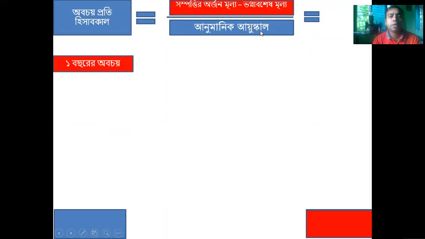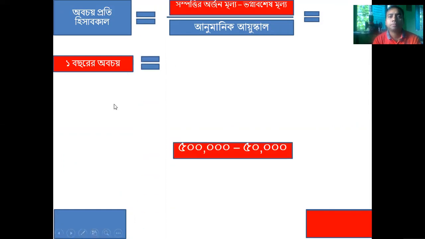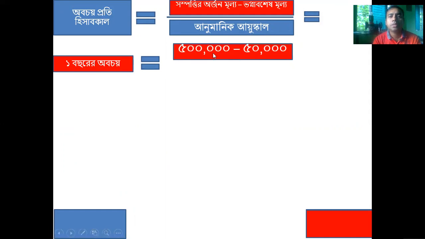According to this formula, depreciation for 1 year will be 5 lakh minus 50,000.